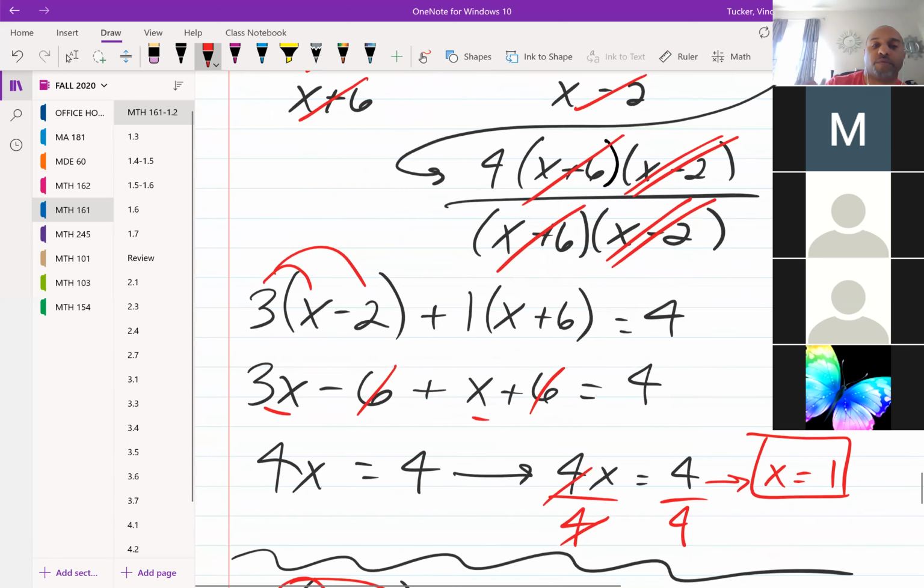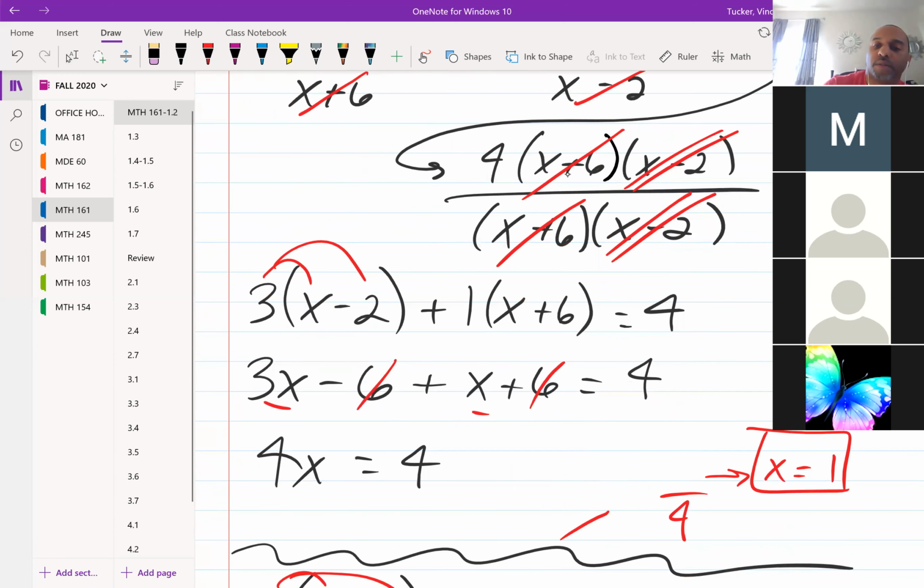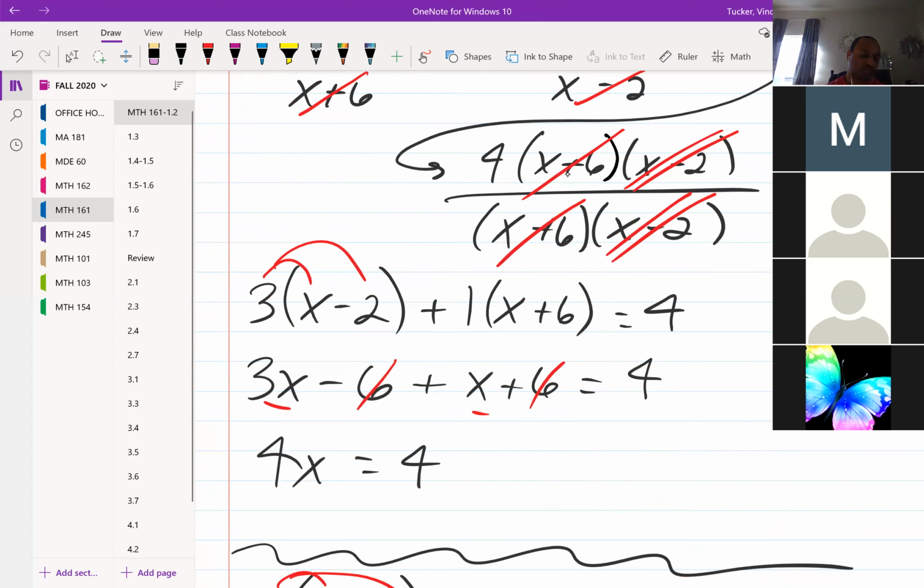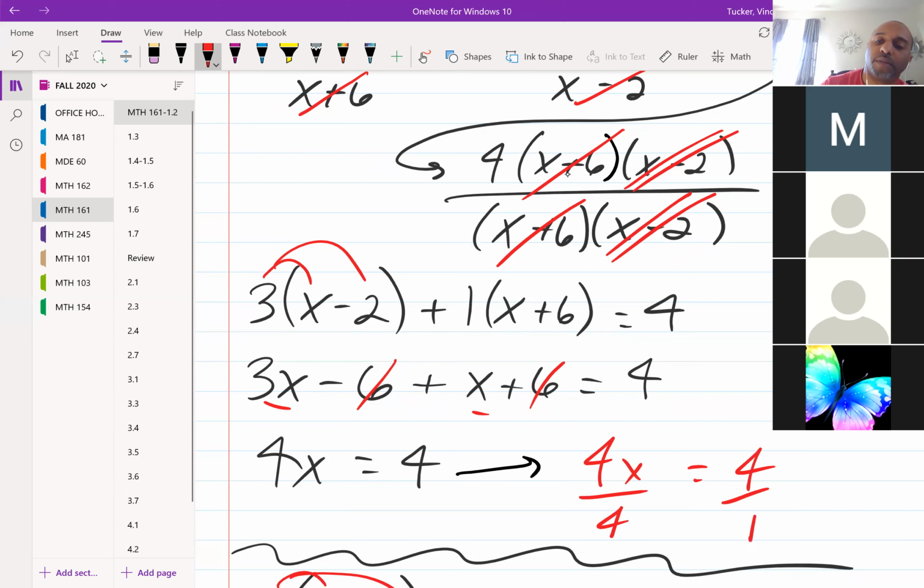And that'll leave us with 4x equal to 4. And finish it off by dividing both sides by 4. And x is equal to 1.